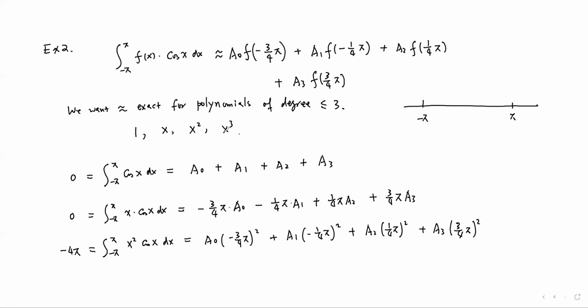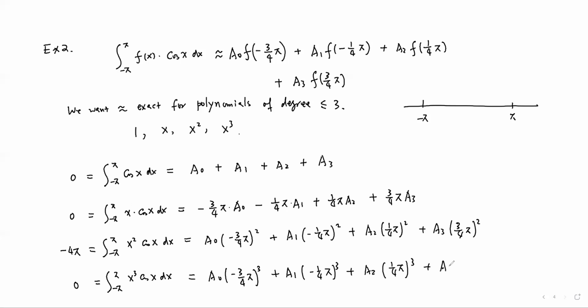Finally, plug in x cubed for f. This integral's value is 0. Why is it 0? Because the integrand x cubed times cosine is an odd function, so the integral is 0. And then the right side is A0, A1, A2, A3 terms.